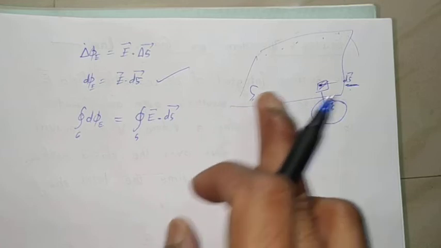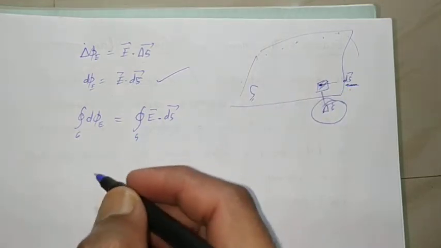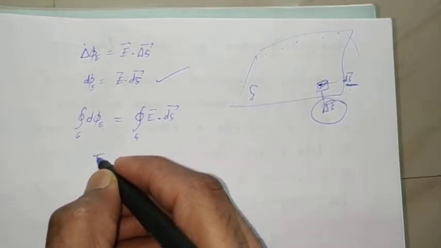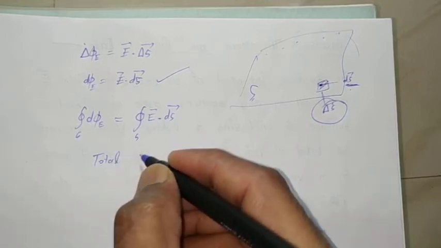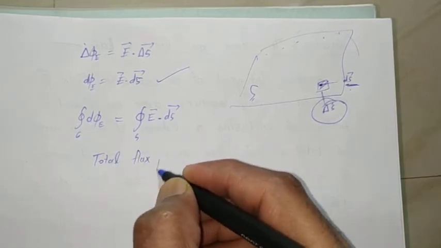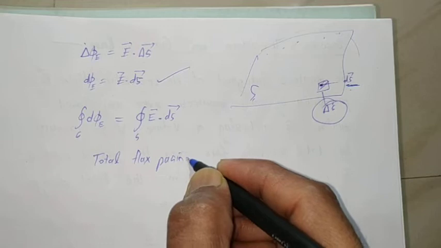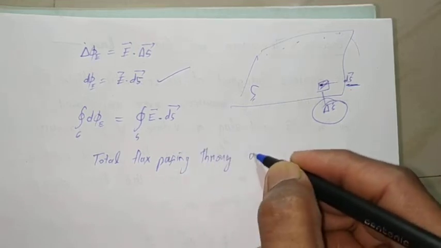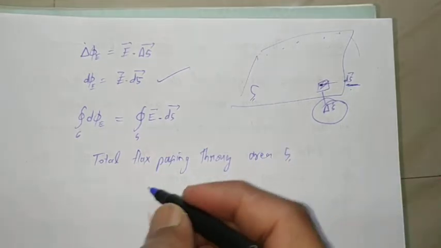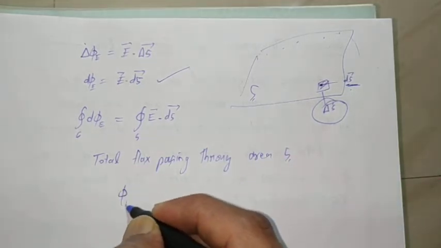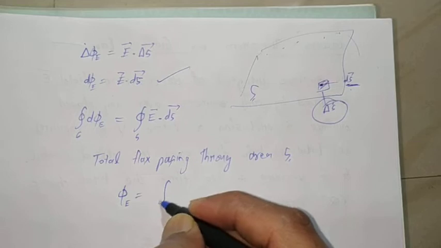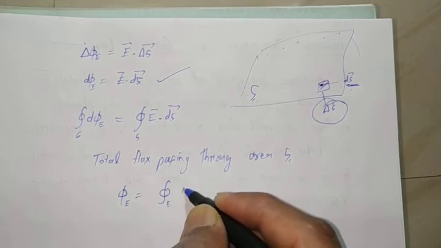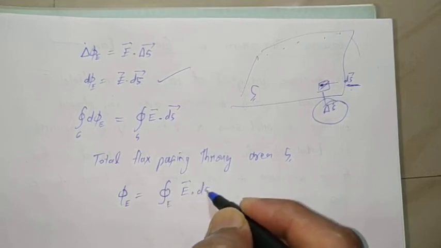All right, so this total flux, we can write it like this: total flux passing through area S is written as phi E, the surface integral of E dot dS.